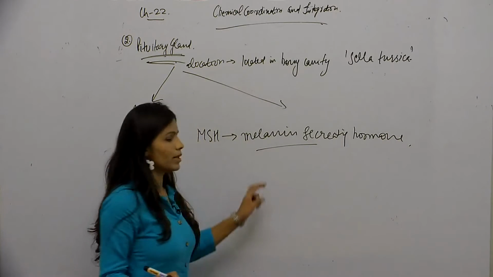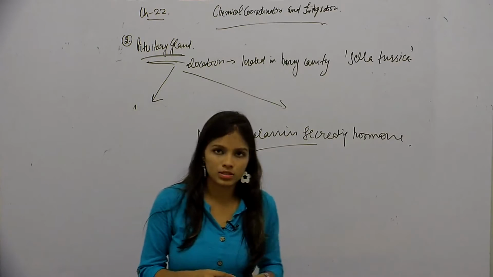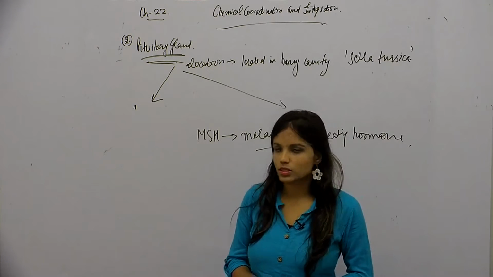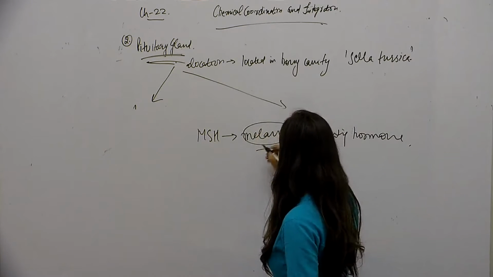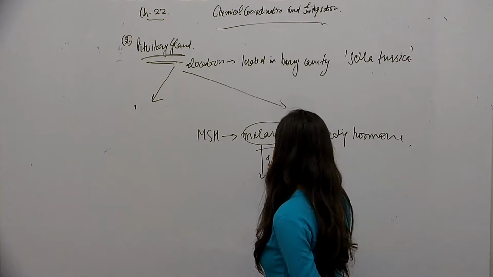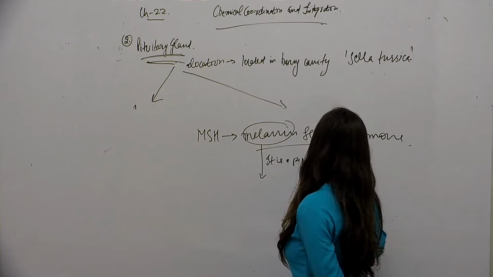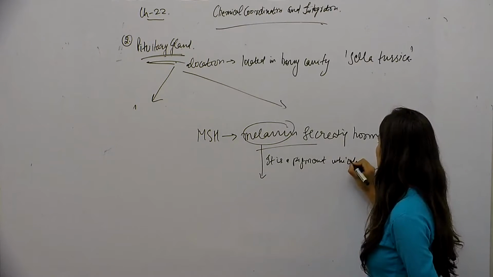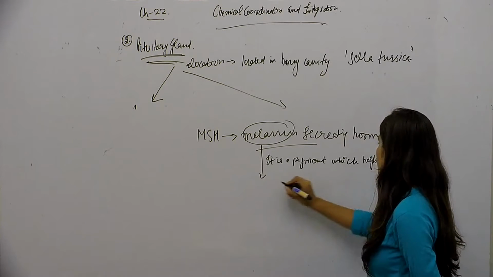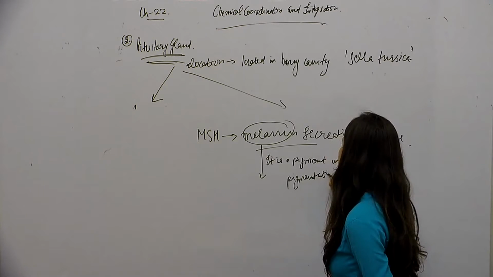The main function of the MSH is to stimulate the secretion of the melanin. The melanin is the pigment which helps in the pigmentation of the skin.